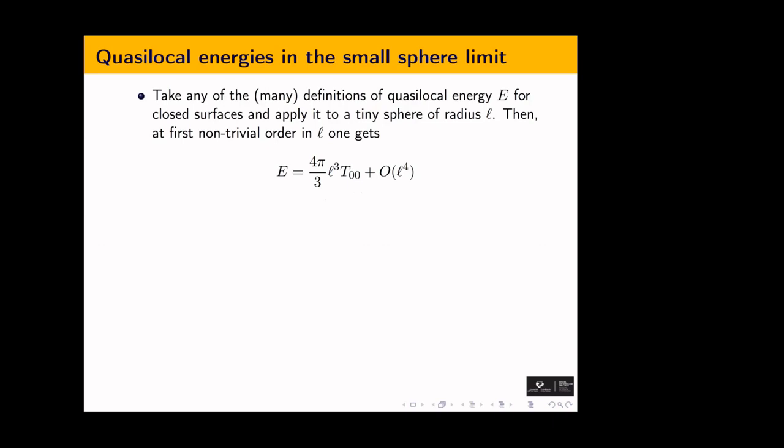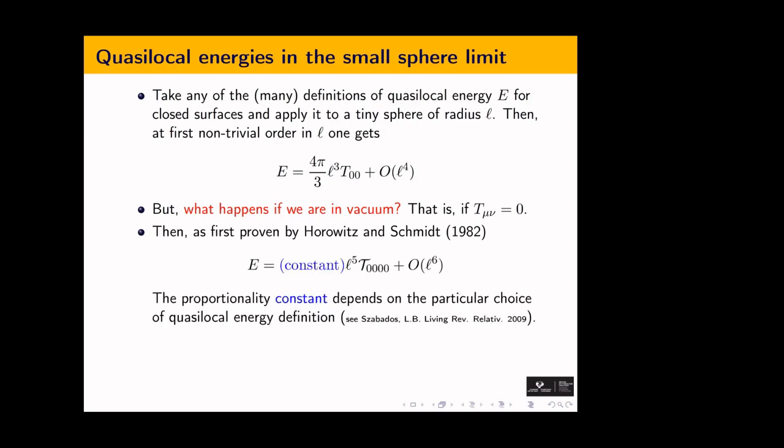But again, what happens if we are in vacuum? Then the energy momentum tensor is 0, so we have to go to higher order. At 4th order in the radius, there is nothing, so you have to go to 5th order. And as first proven by Horowitz and Schmidt, what you get at the first non-trivial order is the totally time-like component of the Bell-Robinson tensor times L to the 5.